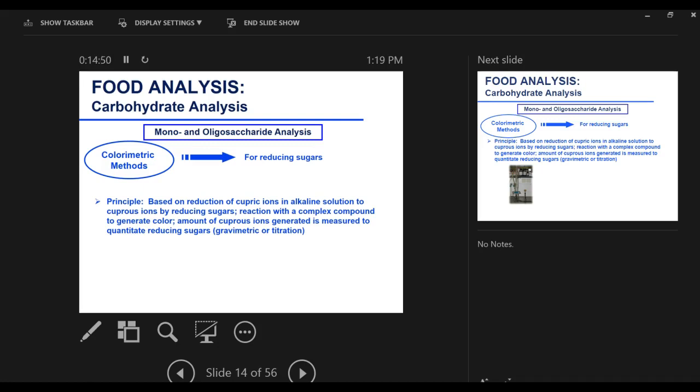The cupric ion is reduced by the sugar to cuprous, and you usually form cuprous oxide, a red precipitate. Then you can measure that red precipitate either gravimetrically by weighing it, or by titration, or by spectrophotometry, actually.